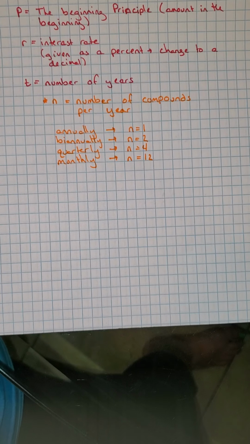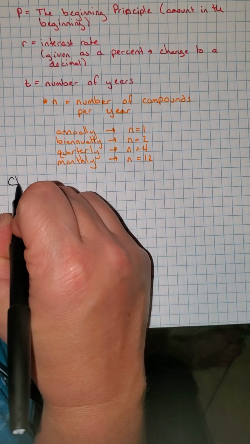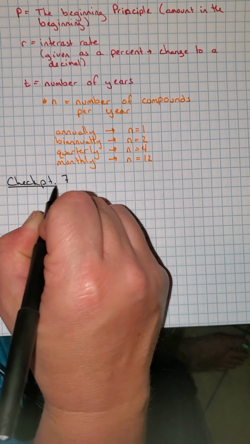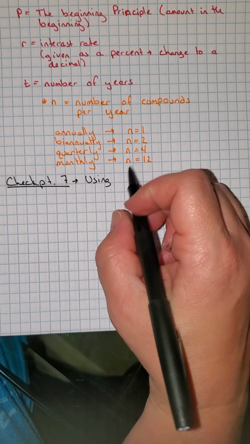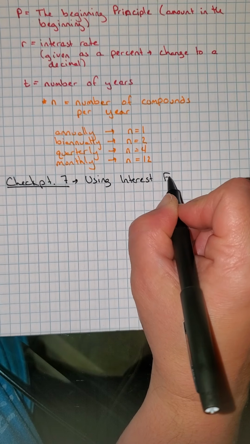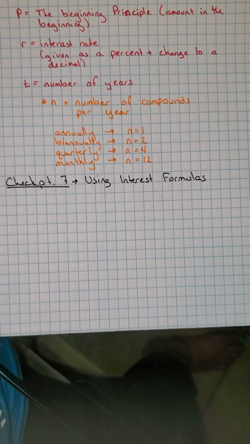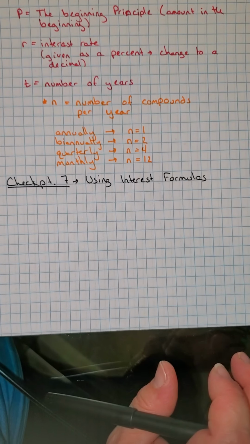All right, so checkpoint 7. This is using your interest formulas. All right, it says a sum of $10,000 is invested at an annual rate of 8%.